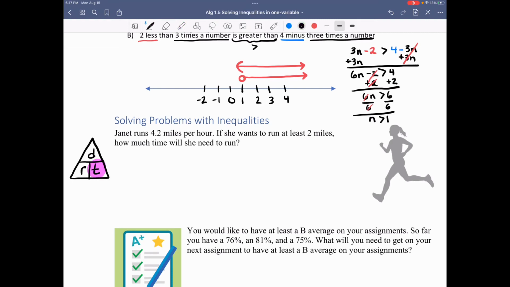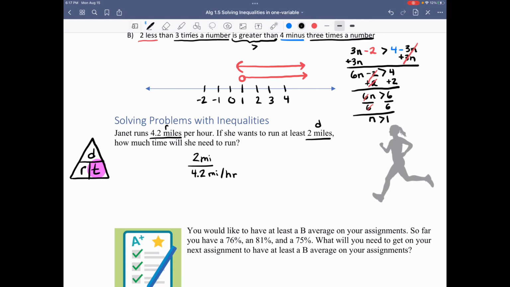She wants to run at least 2 miles. That's going to be a distance. Her speed, or her rate, is 4.2 miles per hour. So that came from our D and an R. This was our D, distance, and this is our R, rate.